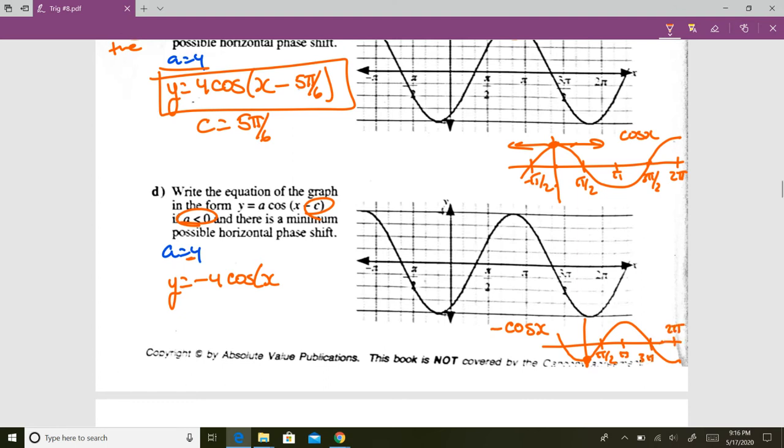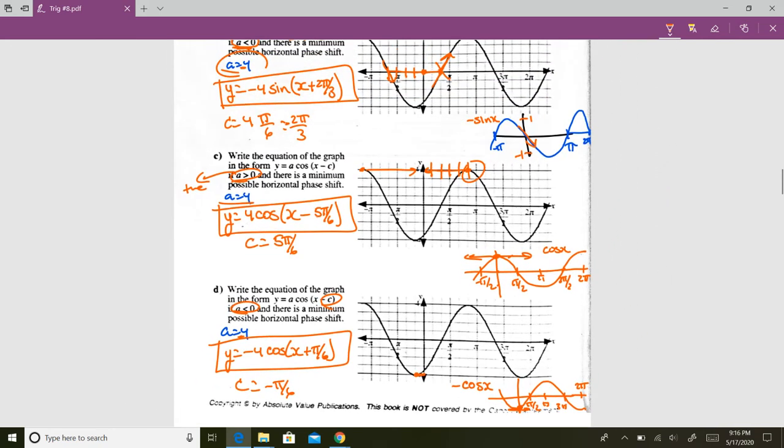So then all you have to do is look to see where the min is. Because if our a value is negative, our min has been moved left to right. So you just find the first min, which is right there. Min is negative 5/6. So this becomes 5/6.